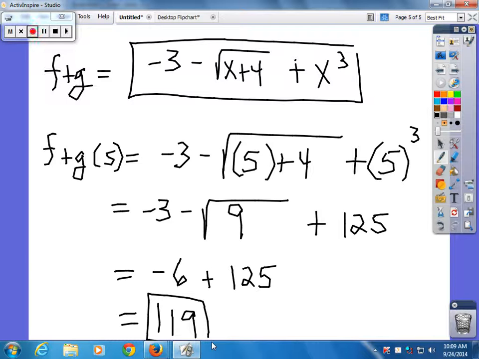So wouldn't that be his answer, right? Yeah, that's it. That's your answer. I just plugged in the 5. You can do that and then add them together. That's another way of doing it. Another way of doing it is plugging 5 into both of them and then add them together.